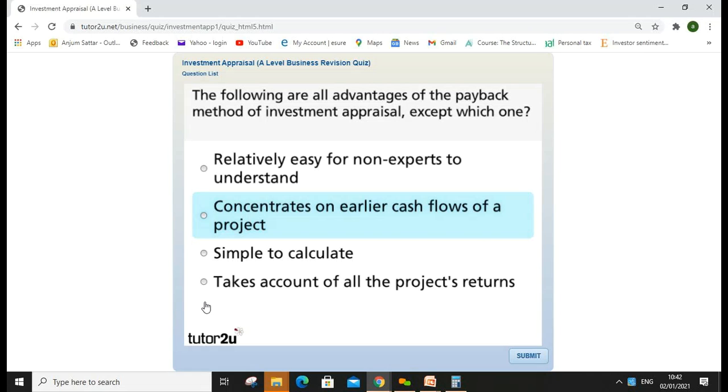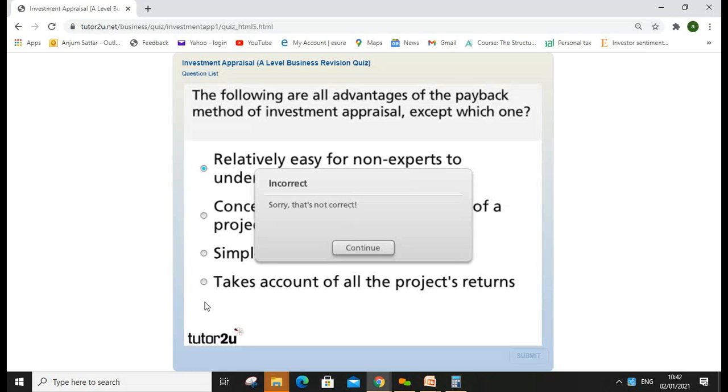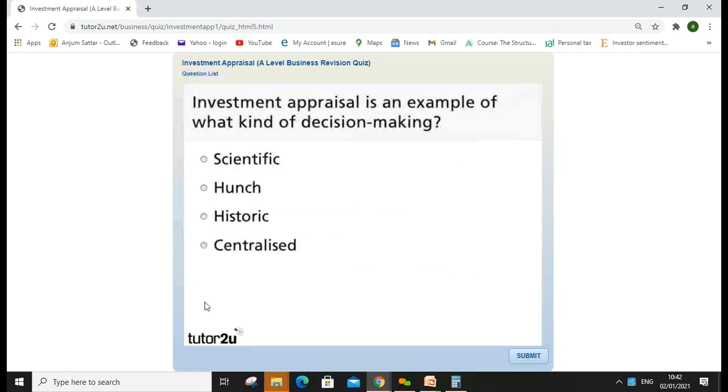Which one is not an advantage? Payback is only what you invest, what you get. You're calculating only up to that. So is it A, B, C, or D? These are all the advantages, and one of them is not an advantage. Okay, we're saying A. That's not right. It should be D.